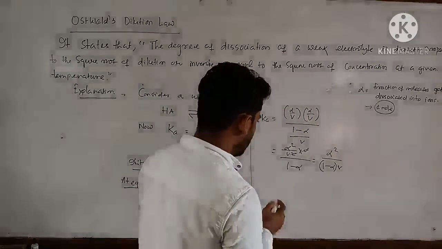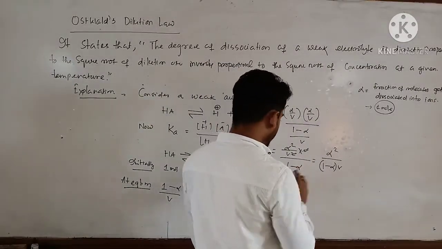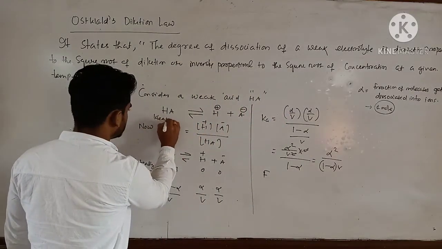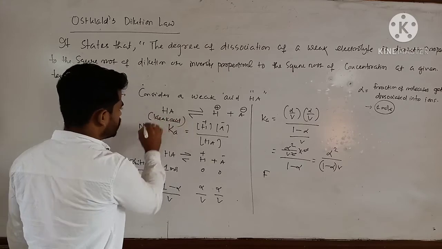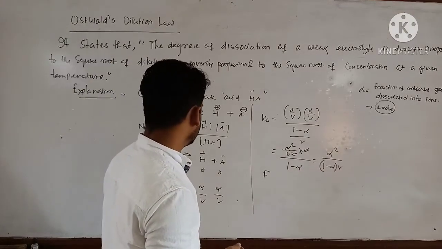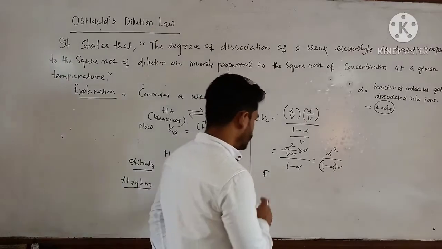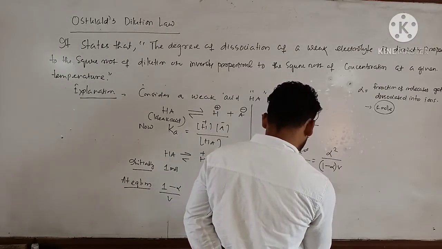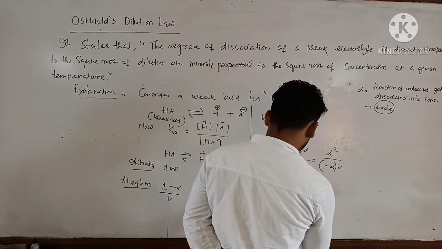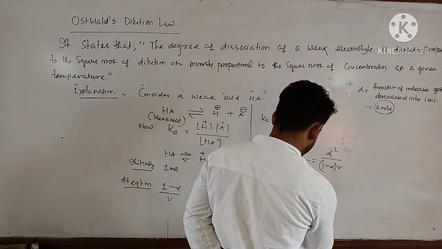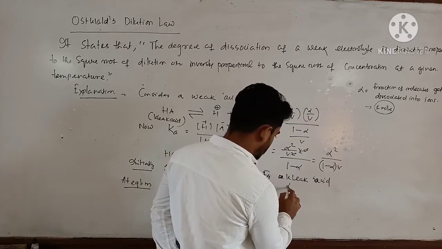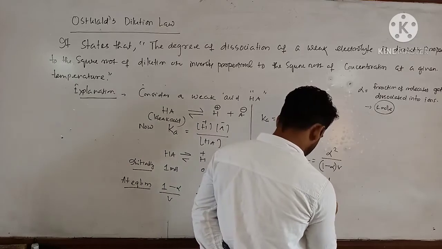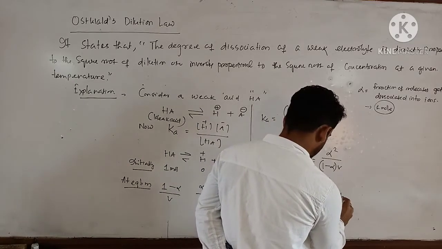Now for a weak electrolyte, since I am considering a weak acid, alpha is very much less than 1, so 1 minus alpha is nearly equal to 1.